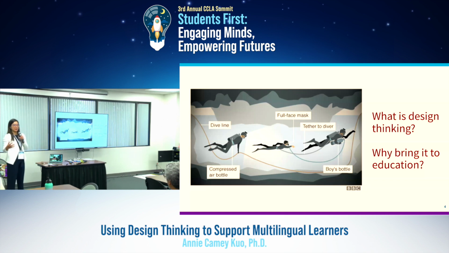So a real world example of design thinking that most of you probably have heard of is a couple of years ago, maybe like 5 or 6 now, there was a soccer team in Thailand that got stuck in a cave and a monsoon came in. And so experts, dive experts, geologists, they were all trying to figure out how do we get a team of boys who have never scuba dived, and maybe or maybe not know how to swim, out of this cave underwater, right?